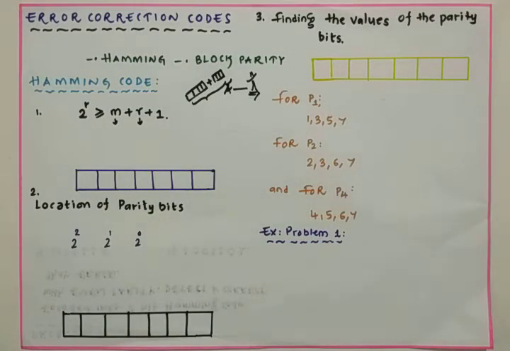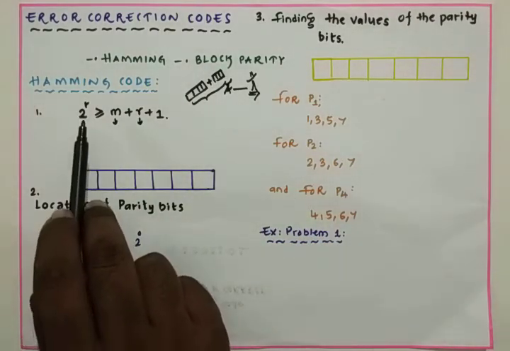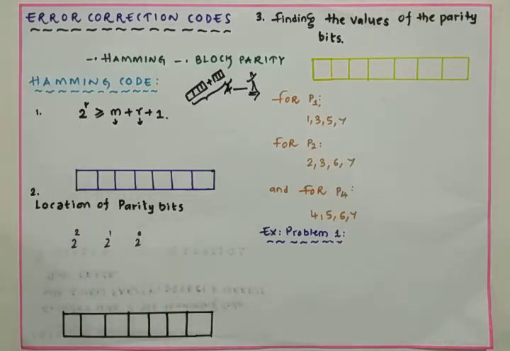To know how many parity bits should be added, we use this equation, that is 2 power r must be greater than or equal to m plus r plus 1. Here m is the number of data bits, r is the number of parity bits, and we have to satisfy this condition.